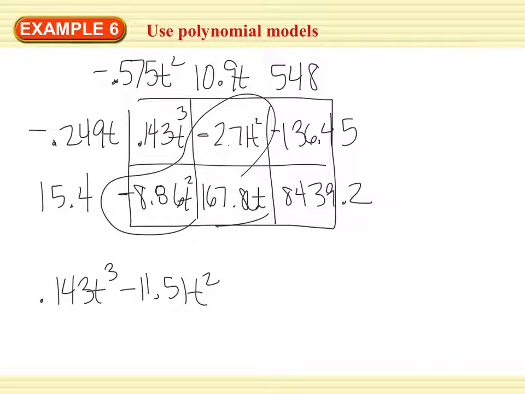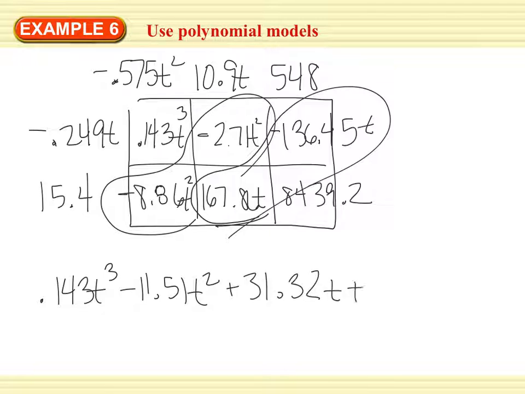This should be a t. These are both t's, so collect those like terms. Negative 136.45 plus 167.86, 31.32 t, and then 8,439.2.